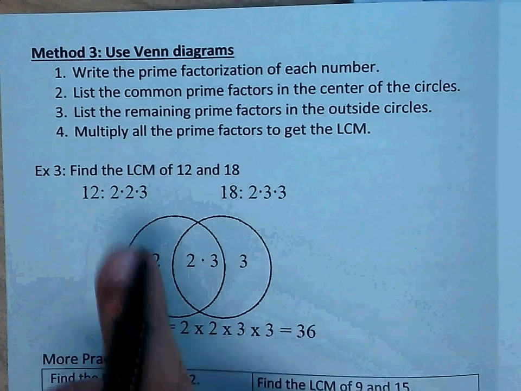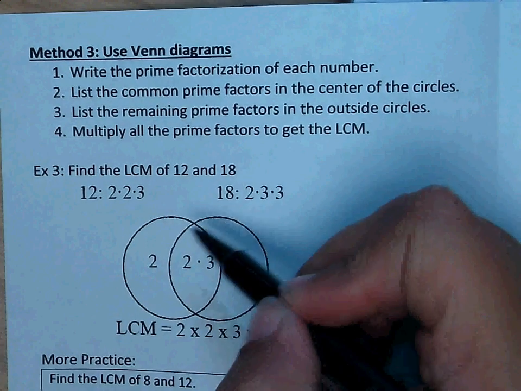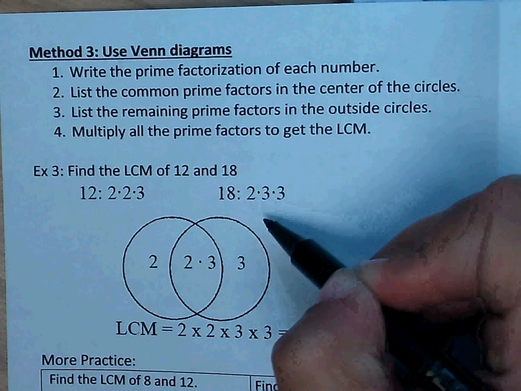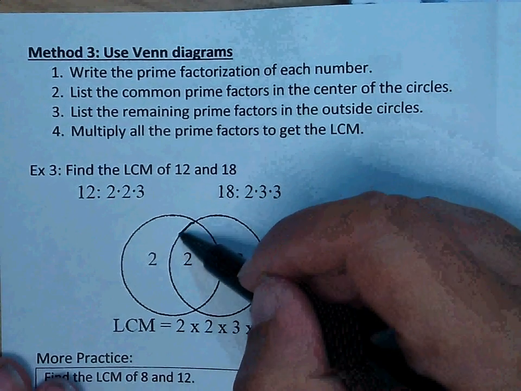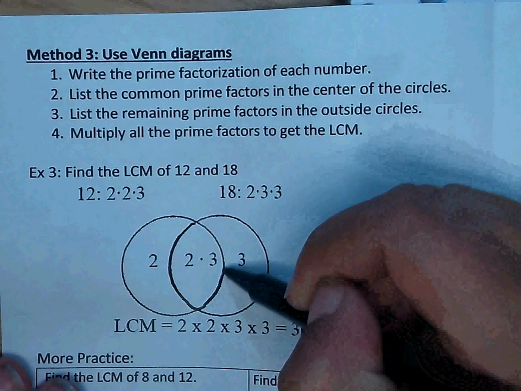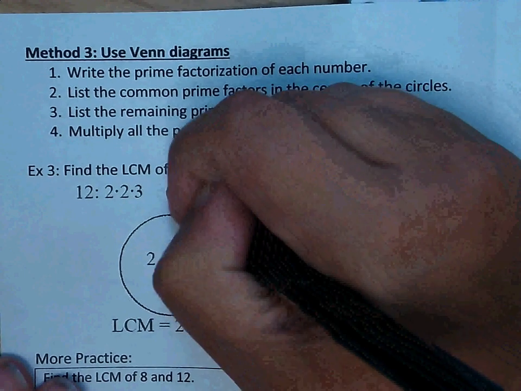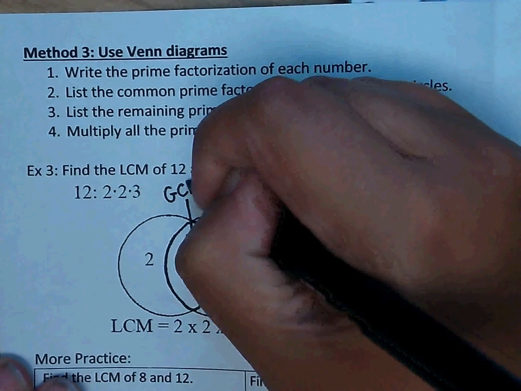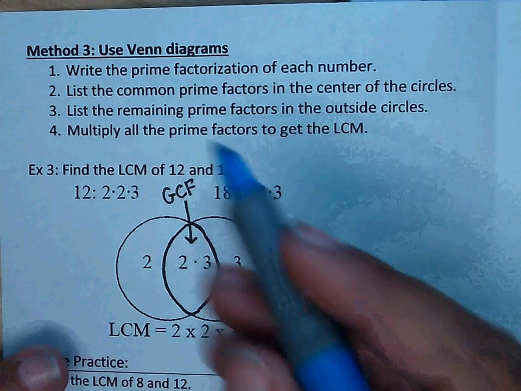So 12, if I break it down, my prime factorization is 2 times 2 times 3. 18, my prime factorization is 2 times 3 times 3. And then remember, you put what they have in common in the middle, which is also known as their GCF. So let's actually remind ourselves of that. So G, C, F.